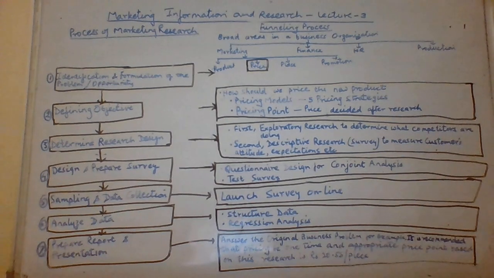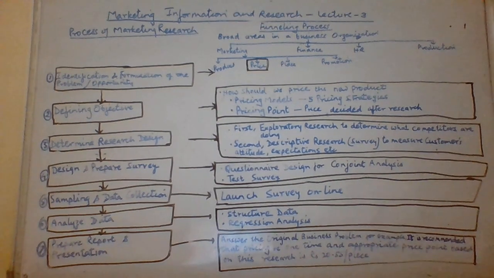This is how we move when we determine the research design. The fourth step is to design and prepare the survey. This is a questionnaire designed for conjoint analysis and a test survey.